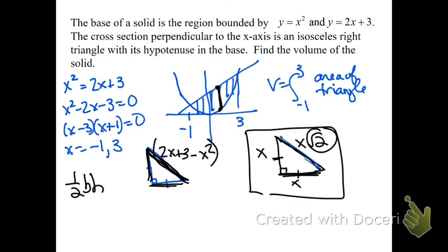However, if I know the hypotenuse to go from here to here, I'm going to divide by root 2. So just think, am I going from a short side to a long side? If so, I multiply. Or long side to short side? If so, I divide. So if the legs are 7, the hypotenuse is 7 times root 2. If the legs were 17, the hypotenuse would be 17 root 2.